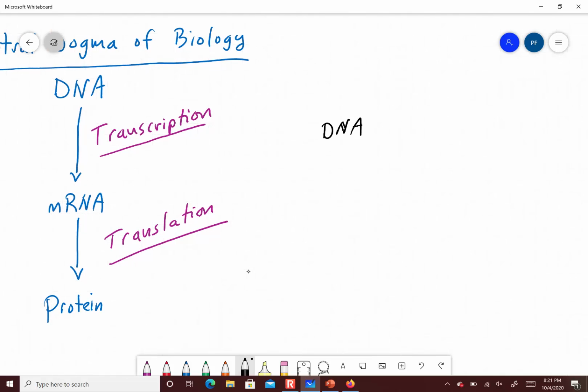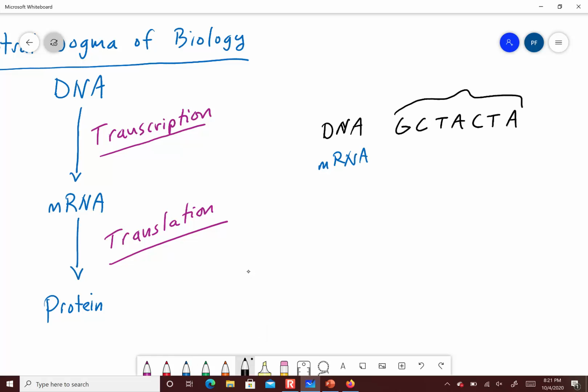So if this is our DNA, then the first thing we want to do with this is transcription, so use this DNA to make mRNA. Actually, let me just label real quick.